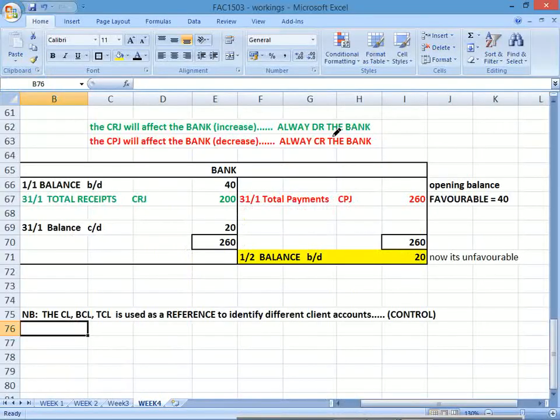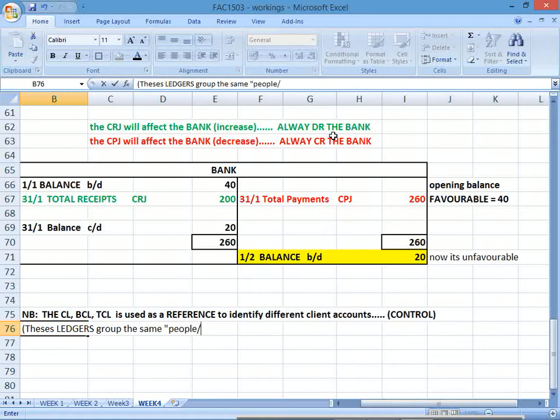That's what it does. So just to summarize this, these ledgers group the same, inverted commas, people. Okay, so e.g., all the clients will be in the trust creditors ledger.